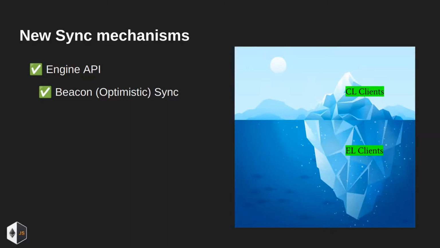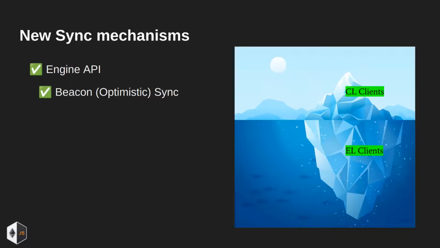But there is one constraint: CL clients and the EL clients have to be in lockstep. For example, if you are at head X in the CL client, you have to be on the corresponding head X minus one in the EL client for the new payload, the new block, to come and be executed.